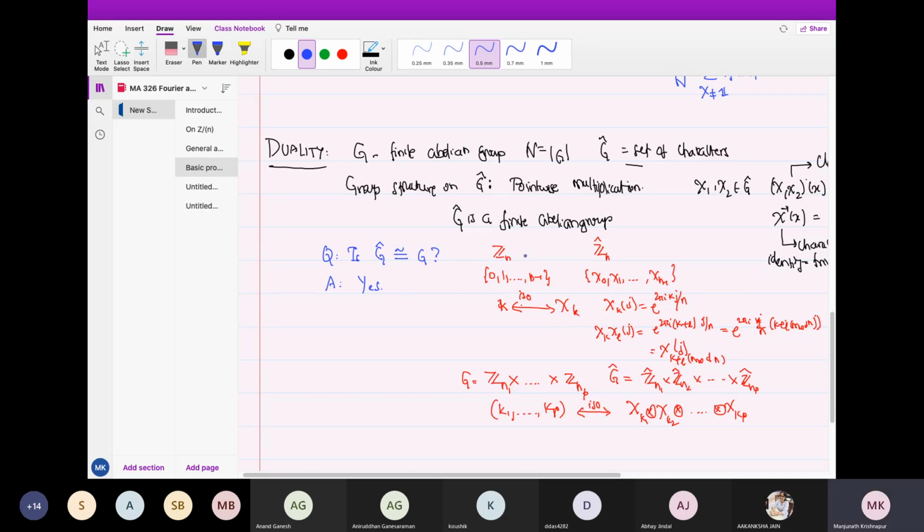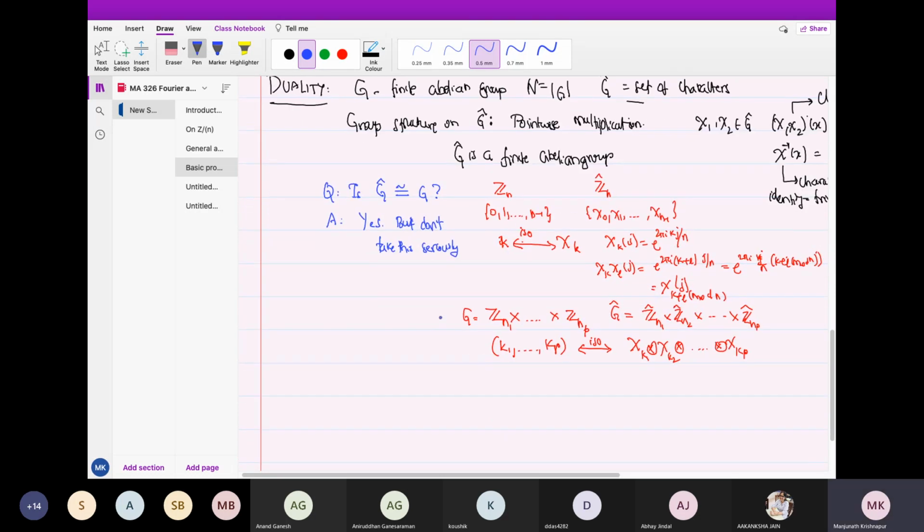Okay, so is this clear? Since every finite abelian group is a product of cyclic groups, it is true. But I say don't take this seriously. Why? I mean, why not?